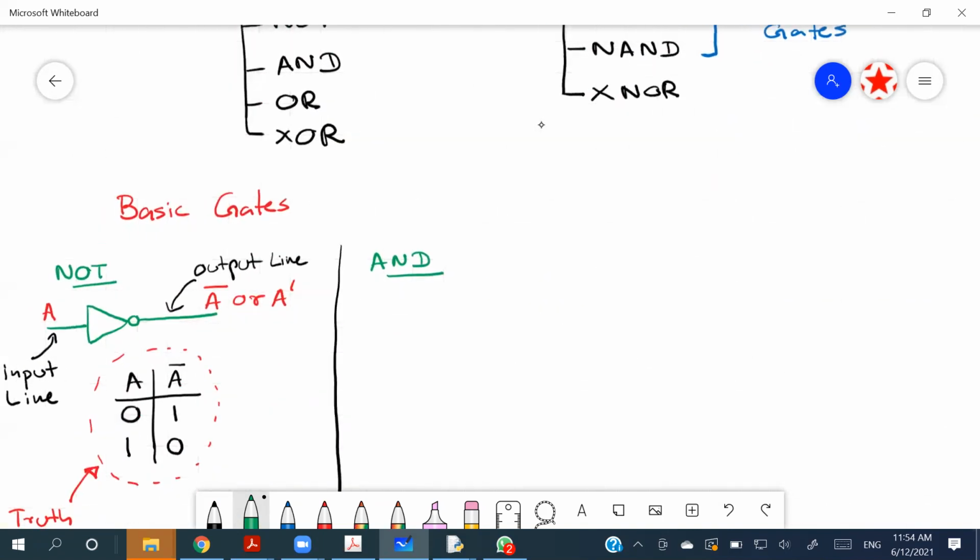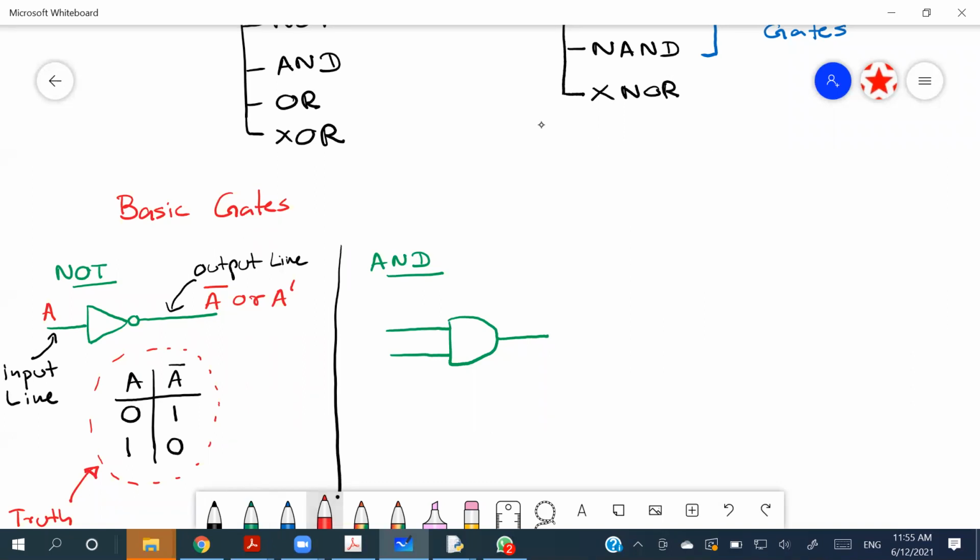The shape of the AND gate is like a capital D. It has a minimum of 2 inputs, and it can have more than 2, and the output comes as one single line.